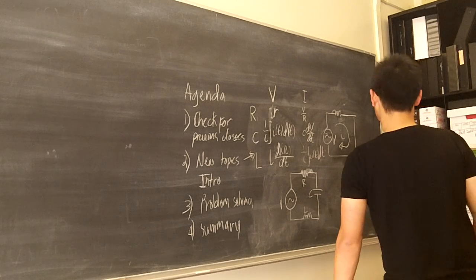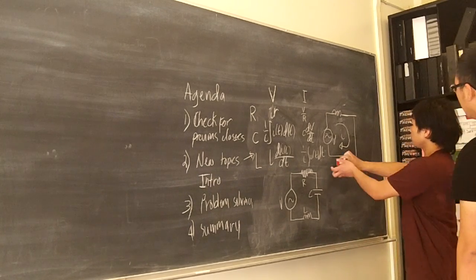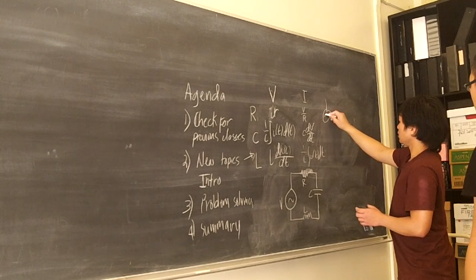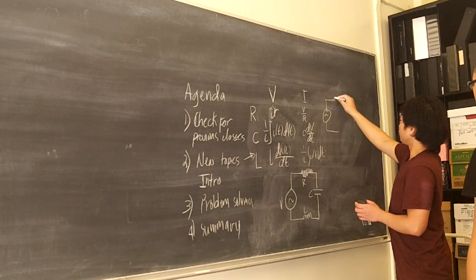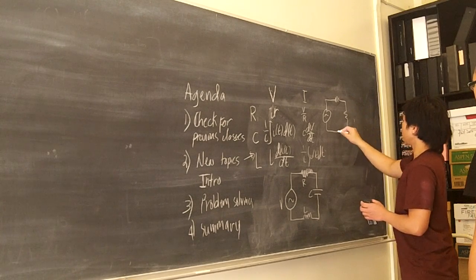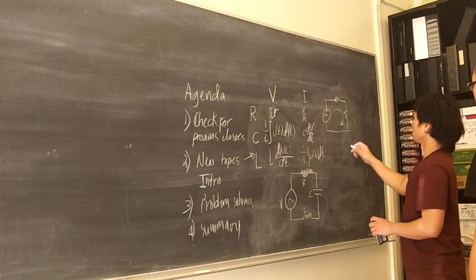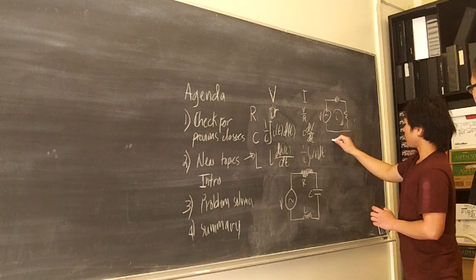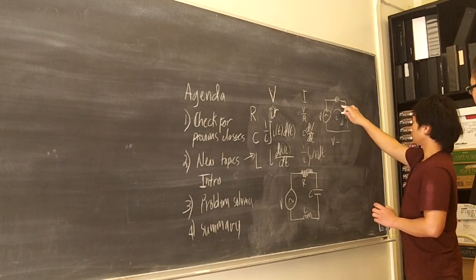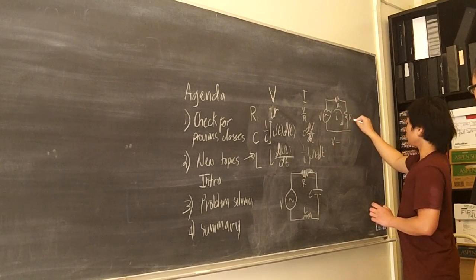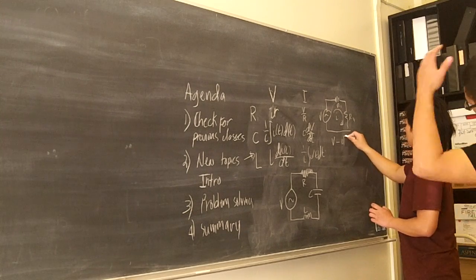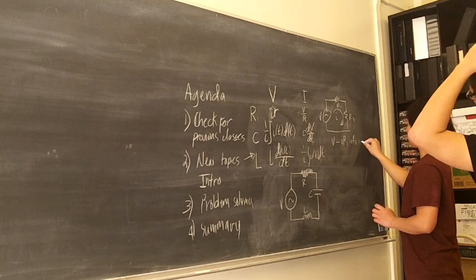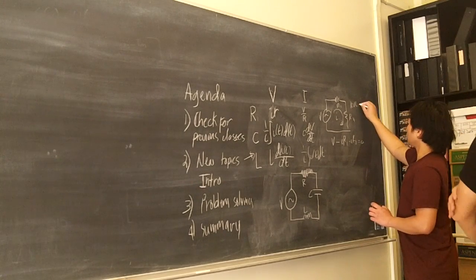Okay, so for example, we have a resistor, then you have two resistors, right? So this is your I. So this is V minus I times R1 minus I times R2 equals 0, because KVL equals 0, right?